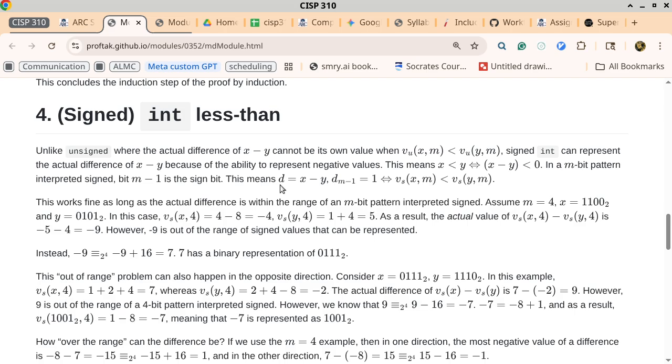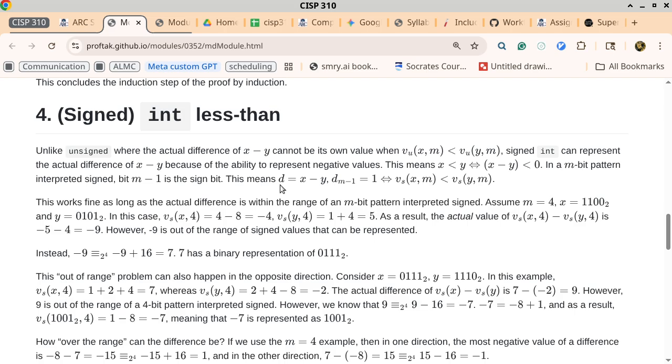So that means if x is less than y, then D is negative. But how do we make a binary number negative? The most significant bit has to be a 1, because that's the only way to subtract something from the earlier parts. Okay, does that make sense?